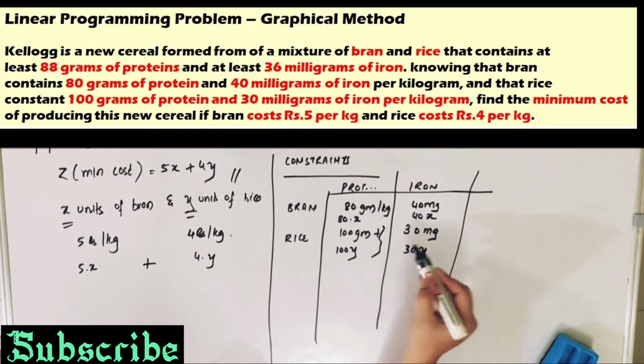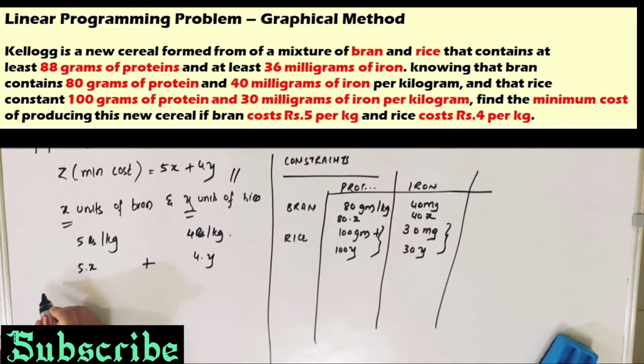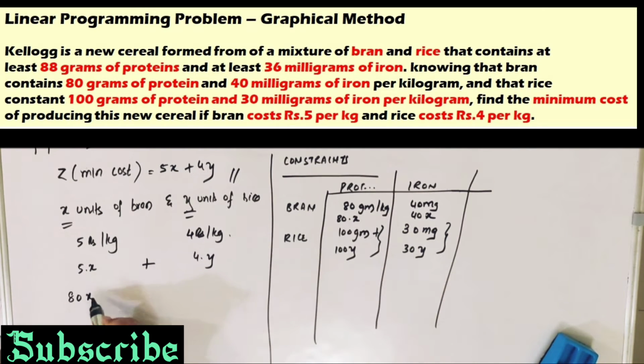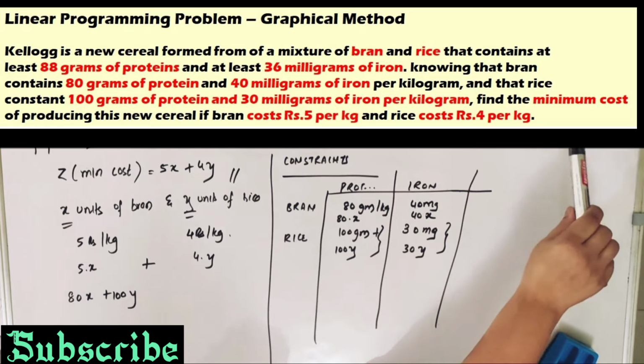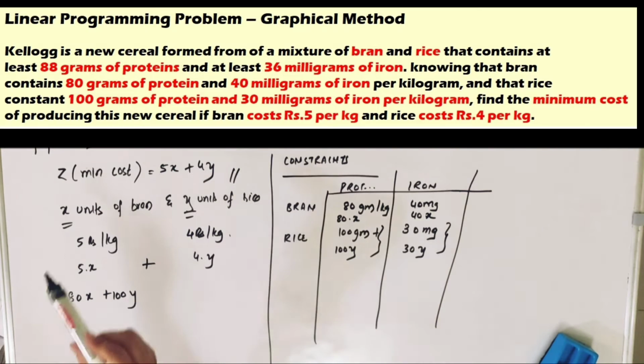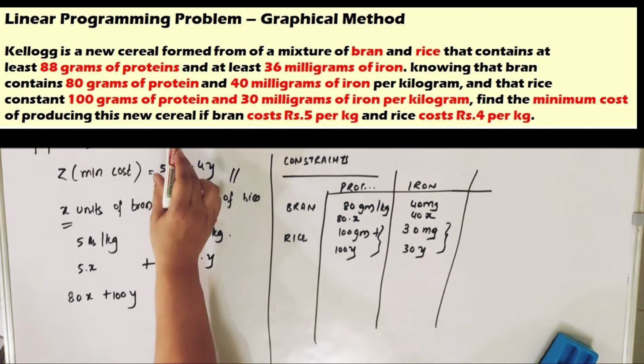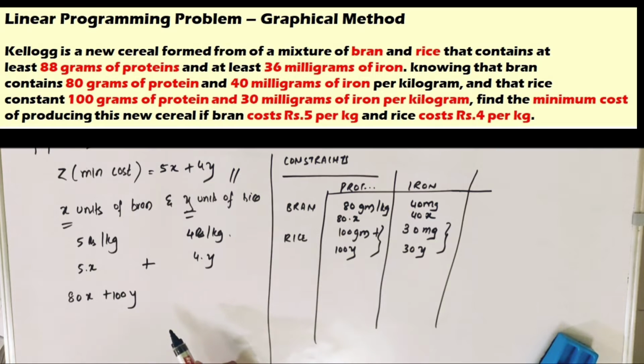Now adding these, we'll get our constraints. Our constraints are 80X plus 100Y. Now there has to be some limit here. The limit is that at least 88 grams of protein and 36 mg of iron should be there. At least, which means it can be more than 88 grams also. So it is greater than or equal to 88. This is our constraint number 1.